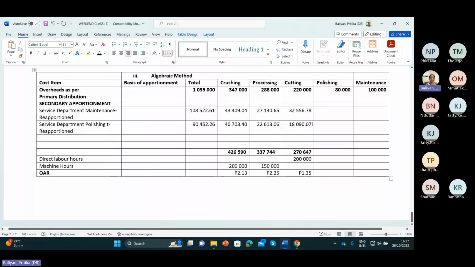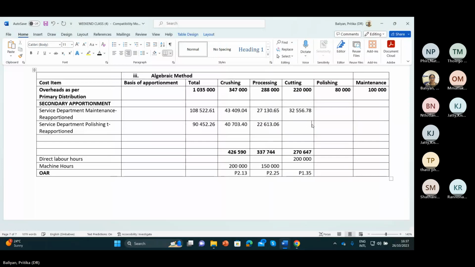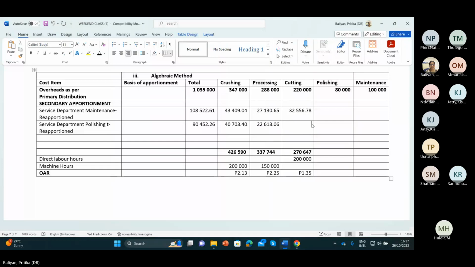And this one will be 18,090.45. Okay, so that's how we apportion.